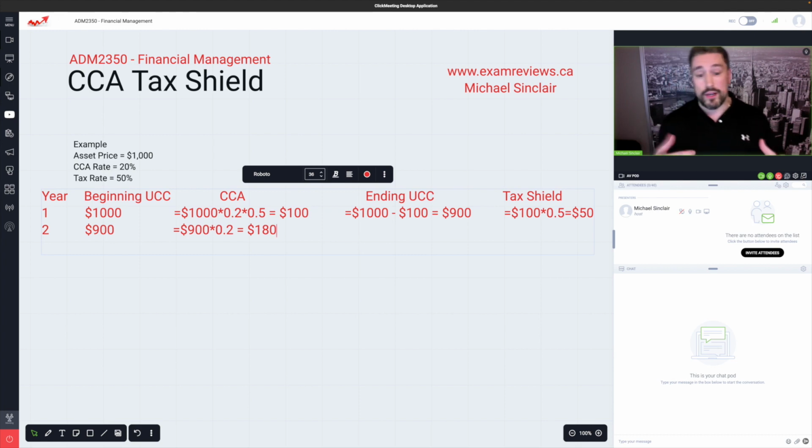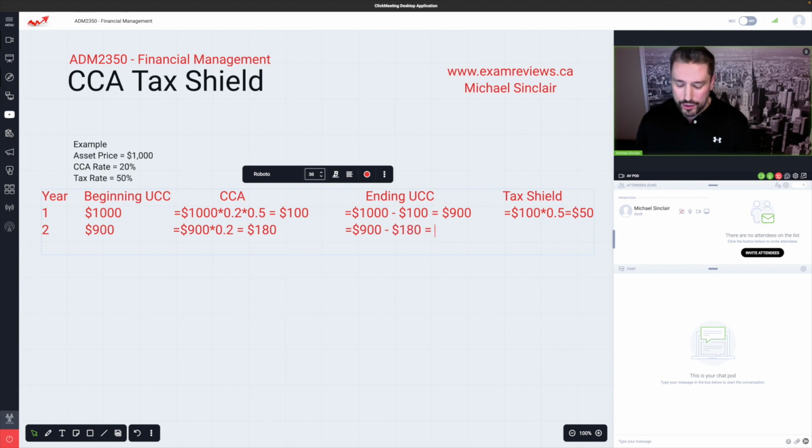Every subsequent year, the third, the fourth, the fifth, is going to work exactly like the second year. We know that at the beginning of the year, the asset was valued at $900. We subtract the 180, and we now have a new unused capital cost of $720.